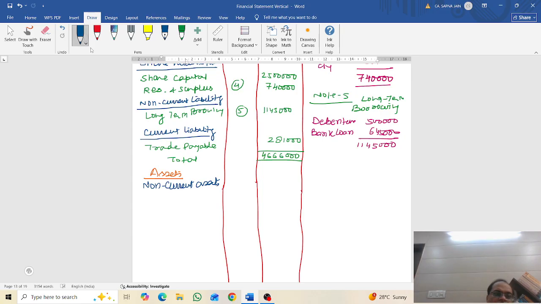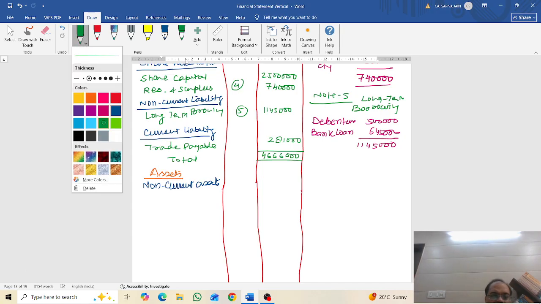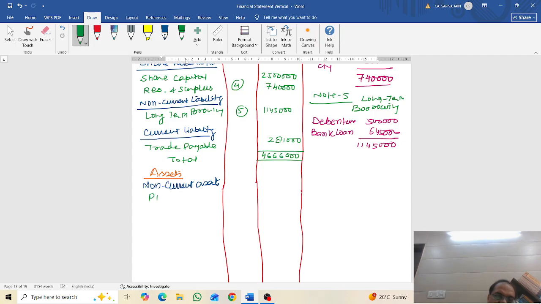Under the non-current assets, the first item is PPE. So first prepare note number 6 for PPE.